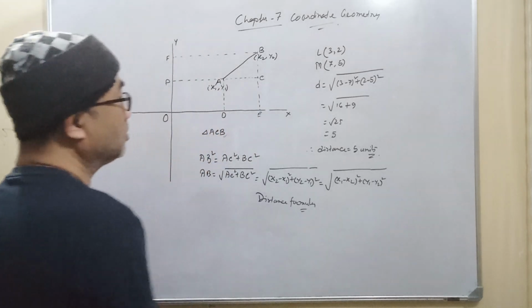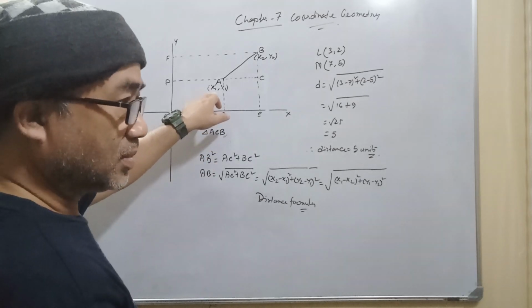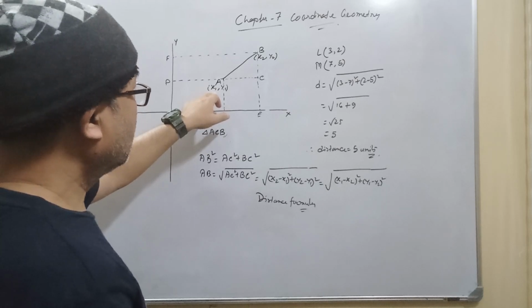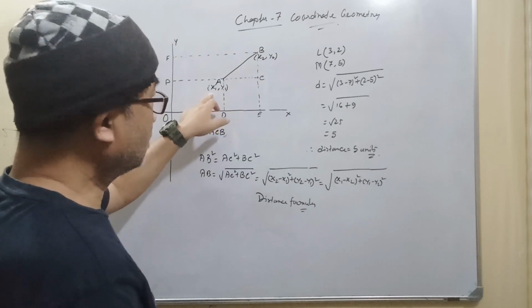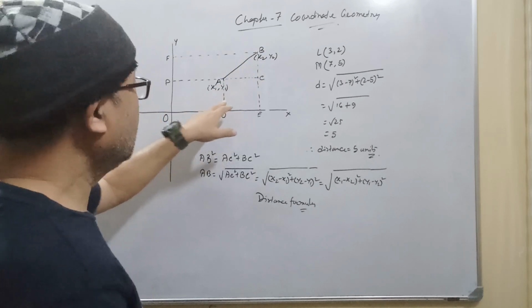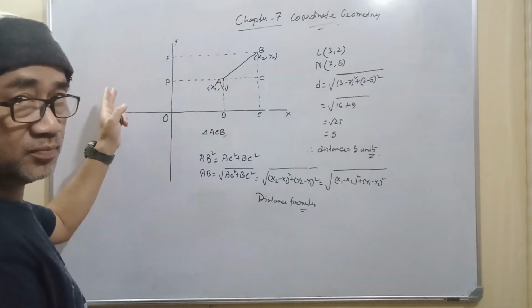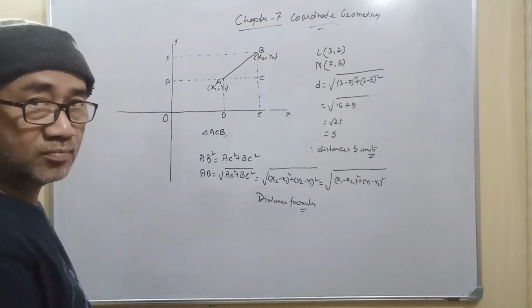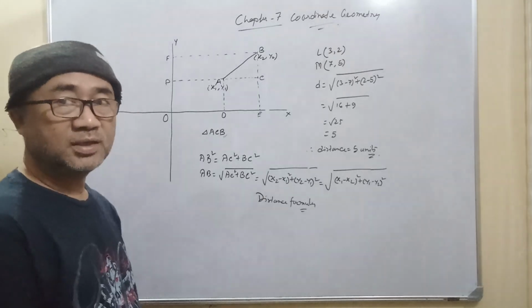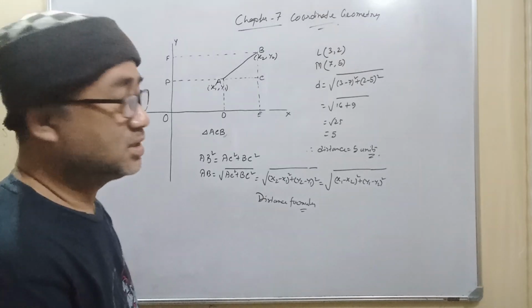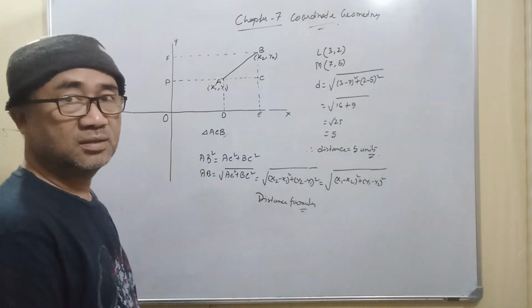Now, as you know, the values of the coordinates are positive in the first quadrant. X coordinate is positive and y coordinate is also positive, but in the second quadrant the x coordinate is negative and the y coordinate is positive. So what will you do in that case? How can you apply the distance formula? Or can you apply the distance formula at all? Yes, of course. The distance formula is applicable anywhere: first, second, third, fourth quadrant, it does not matter.